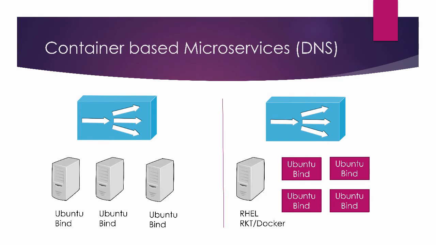Instead of having all these pets, Ubuntu bind servers running, I now have cattle, and those instances can just go away. I've created a microservice within my data center of DNS, and I'm using containers to be able to scale out as needed.